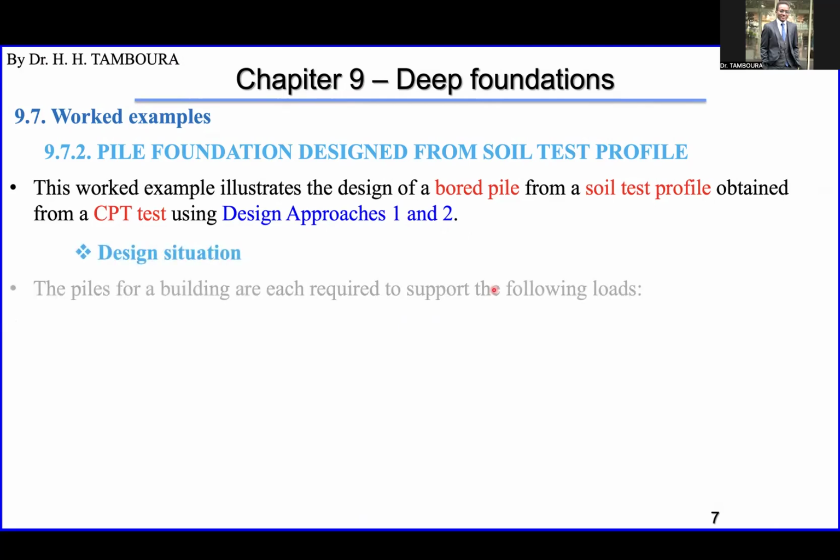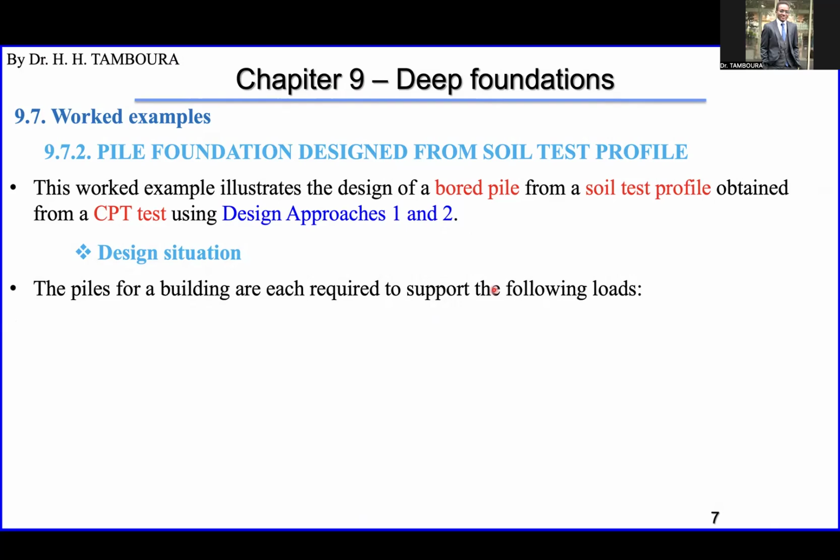because there are still some countries using the first generation. Okay, design situation. The pile is for building. Piles are each required to support the following load. Okay, this time we are going to design a single pile, okay?